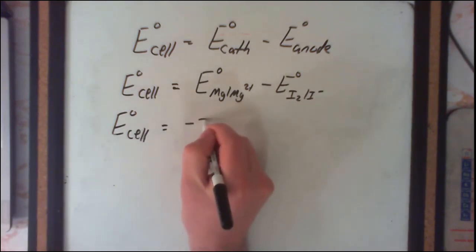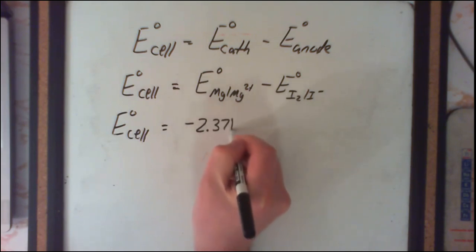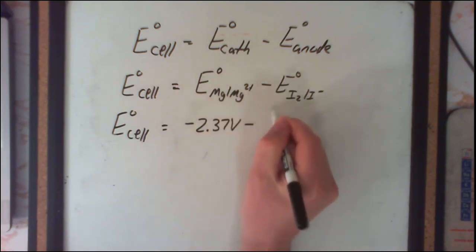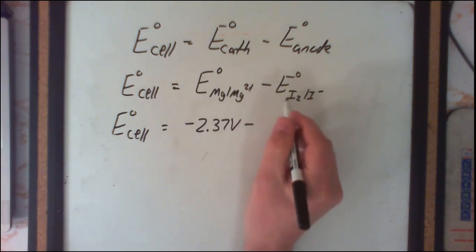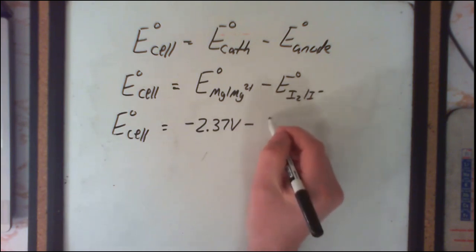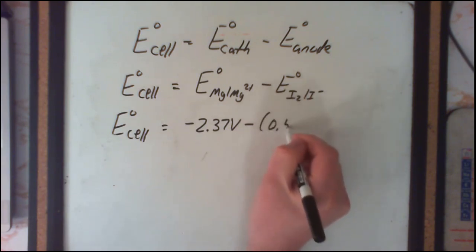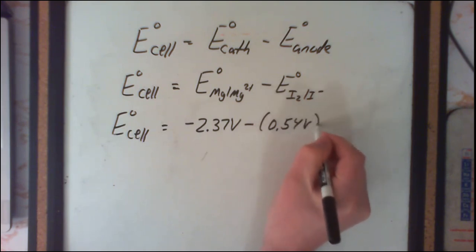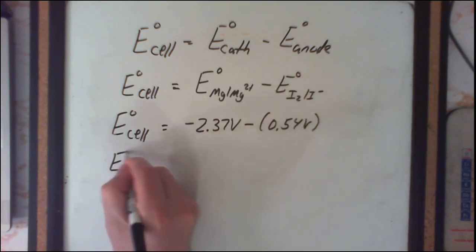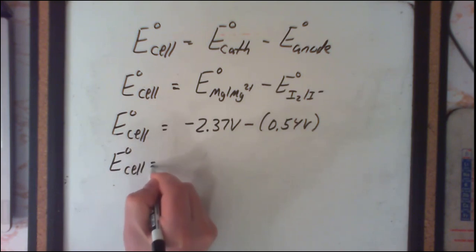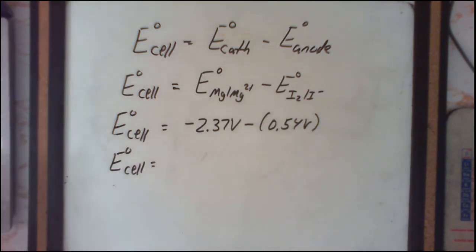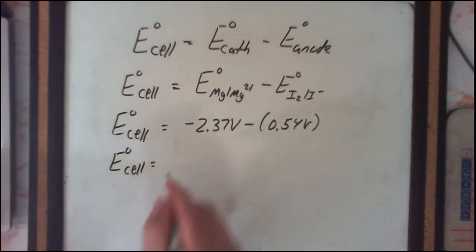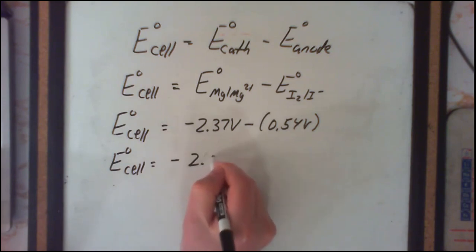So when we plug the respective numbers into our equation, we have E cell under standard conditions equal to negative 2.37 volts minus the standard reduction potential at the anode for iodide, 0.54 volts. So our standard cell potential would be negative 2.37 minus 0.54, for a value of negative 2.91 volts.